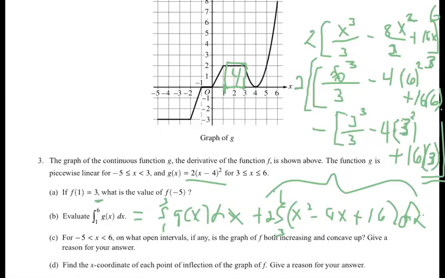Now, when we do the actual total value of this, we started at 3, so it's going to be, oops, I lied. We don't have to start at 3 because it just says 1 to 6, so we don't care that that's already 3. We just have to get that area.